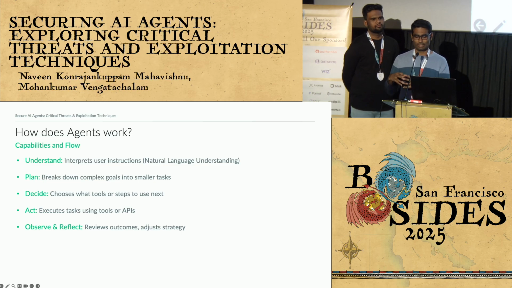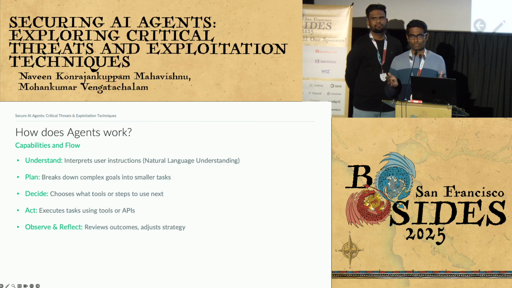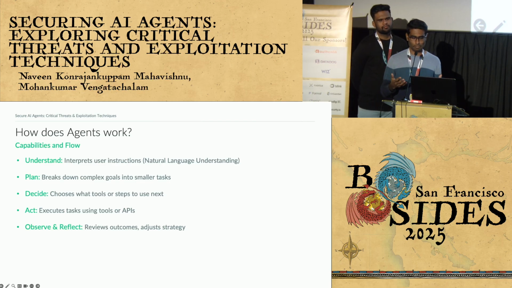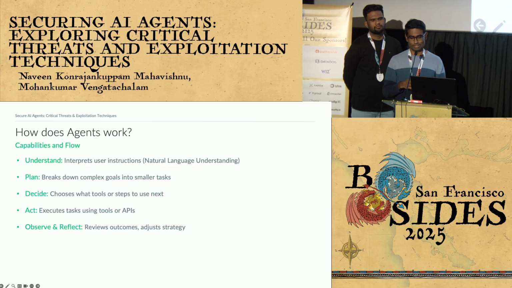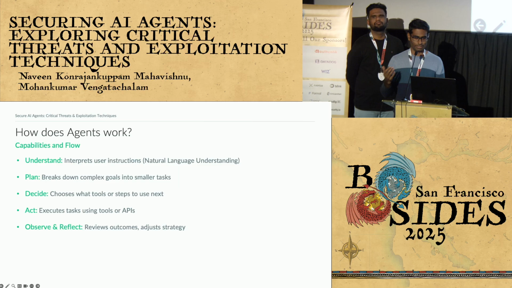This is where reasoning and task decomposition come in. Then it needs to decide. The agent chooses which tools to use, what actions to take, and in what order, similar to how a human would approach a problem. And then act. It executes those actions using tools, API calls, or external systems, whether that means sending emails, querying databases, or updating a dashboard. And then observe and reflect. It reviews the results, checks whether the goal was achieved, and then adjusts its strategy as needed.